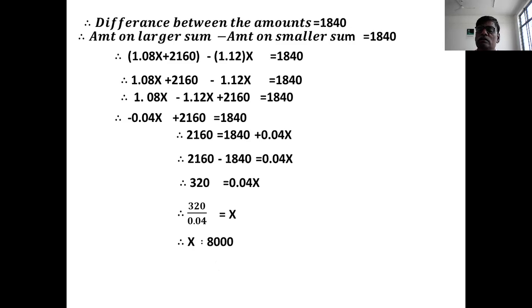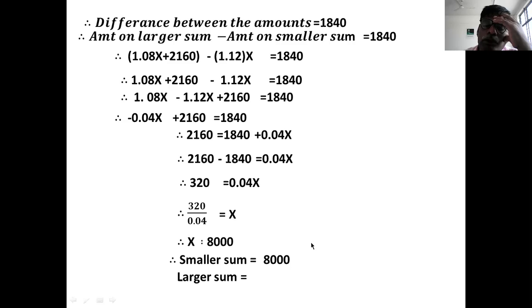What is x? What did you consider x to be? X is the smaller sum. So x is the smaller sum, therefore smaller sum is equal to 8000.